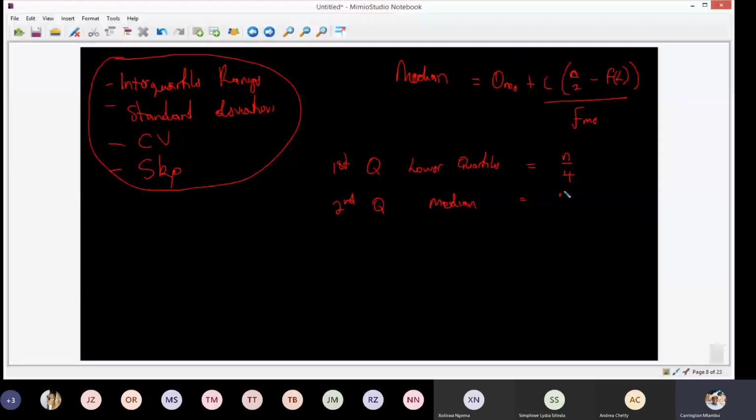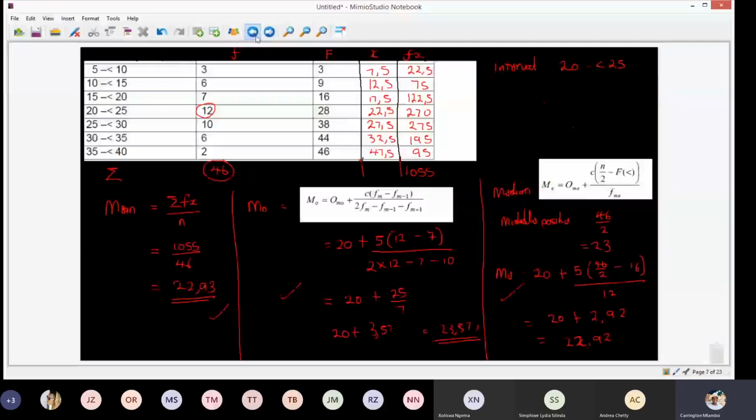The formula is N over 2. Then the upper quartile, which we call the third quartile, is now 3N over 4.